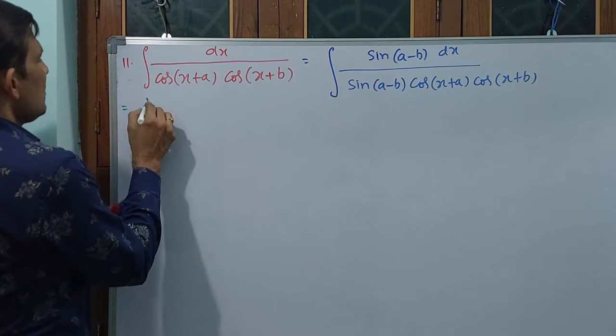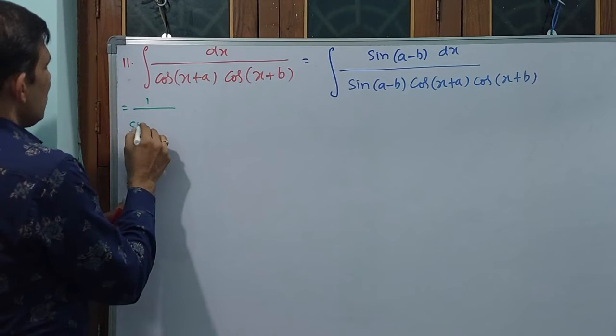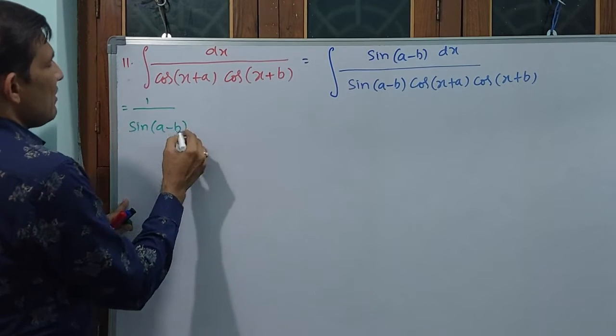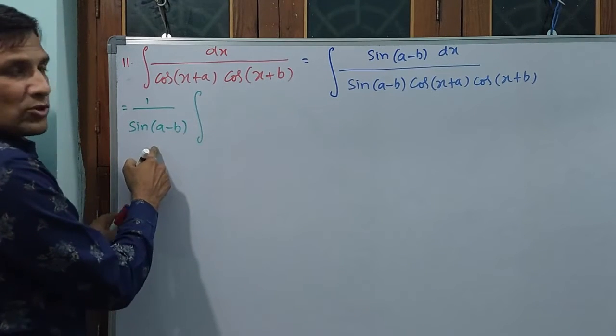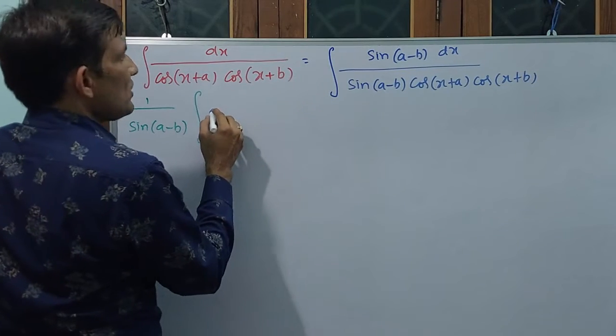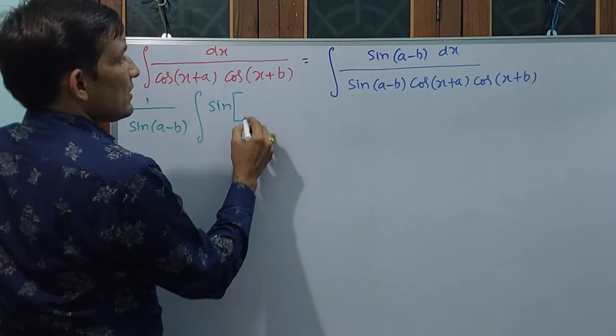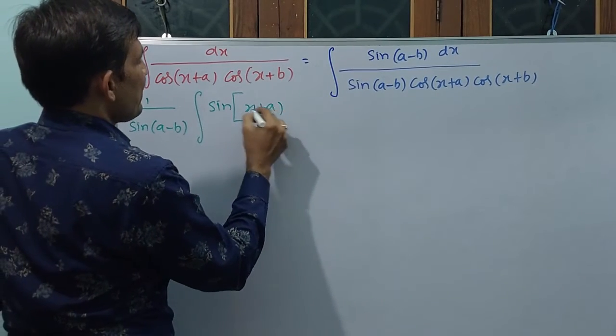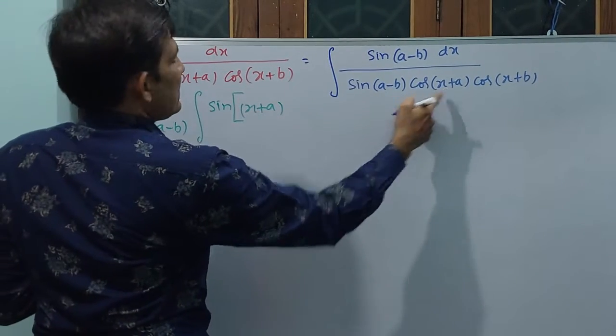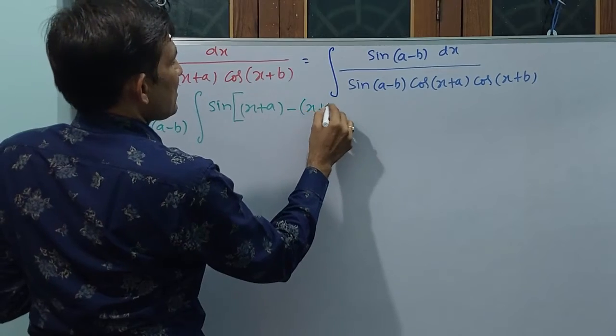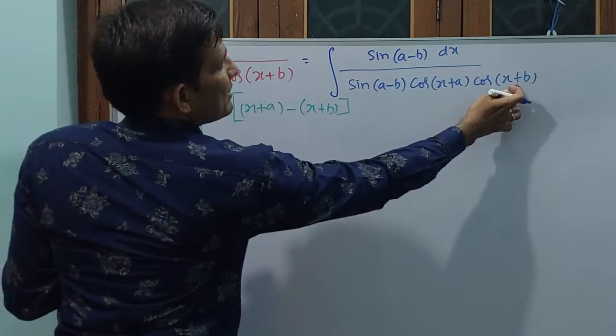That is equal to 1 by sin of a minus b will be common outside, and in the numerator you see sin of x plus a minus x plus b.